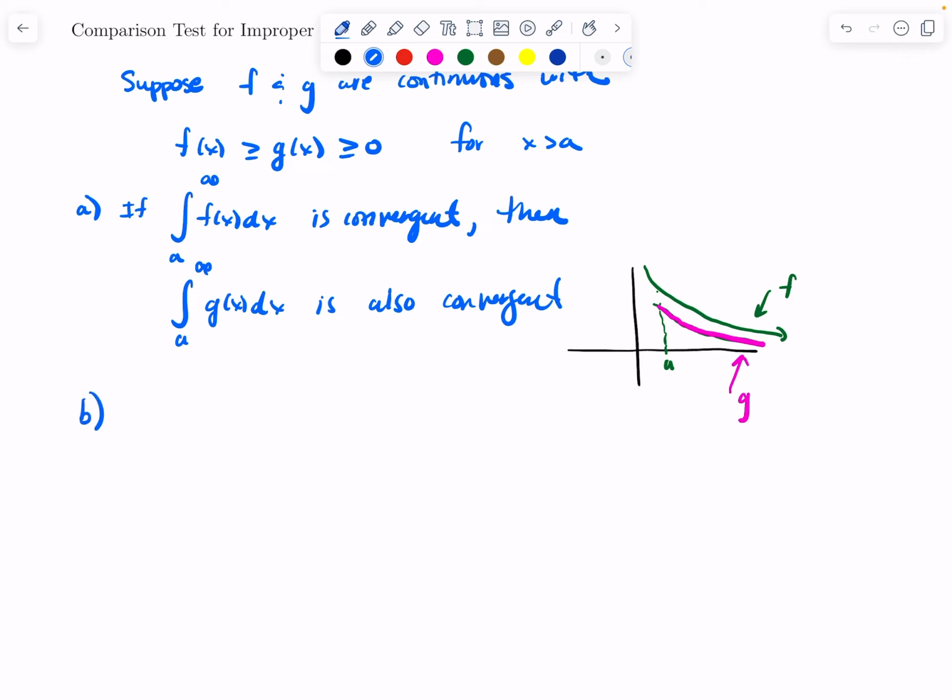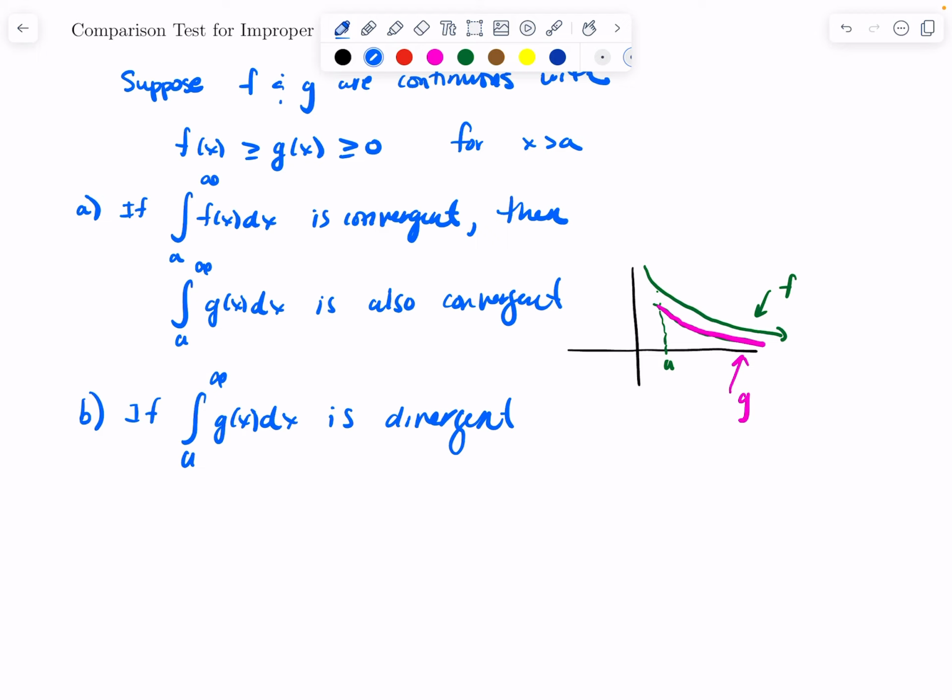Now, notice that if f, the one that sits above, diverges, then I can say nothing about g. G could diverge or converge if it's underneath something that blows up. I don't know what it does. But what I can say is if the integral from a to infinity of g of x dx is divergent, so it doesn't go to a nice number, it blows up to infinity, then the one that's above it has to also do the same.